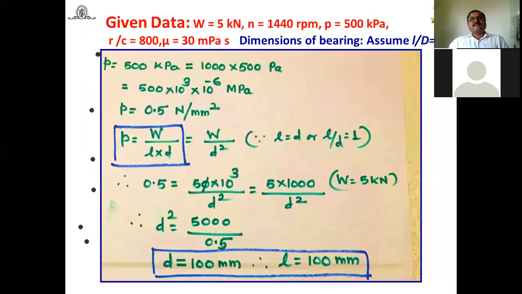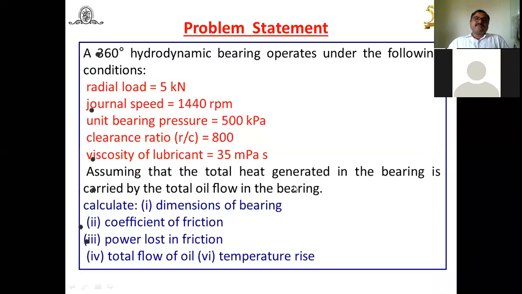Let us see. Now here, write down the given data. In the given data, you will find load is given, speed is given, pressure is also given, bearing pressure, then R by C, mu viscosity is given, and dimensions. Now in this case, the important thing is that the dimensions of the bearing are not given. Sometimes what will happen, listen please. Now in this case, the viscosity of the lubricant is given.